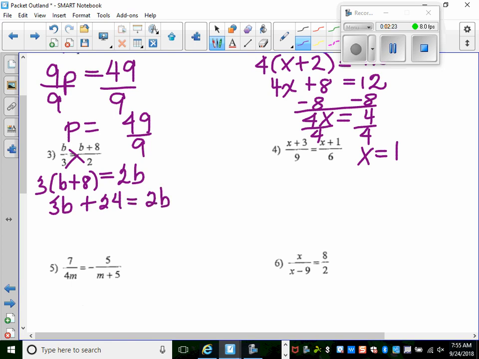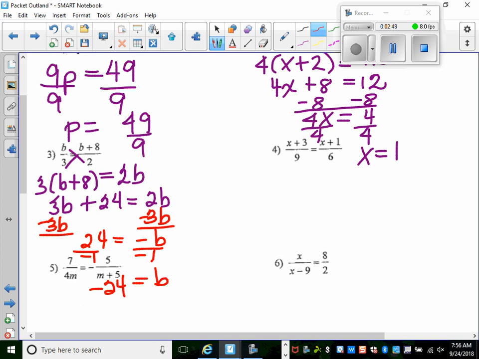So in this case, since we have variables on both sides, we already know how to do that. We're going to get all our variables to one side. So I'm going to move the 3b to the other side. So I'm going to have 24 equals negative 1b. So then you divide by that negative 1. And you have b equals negative 24.